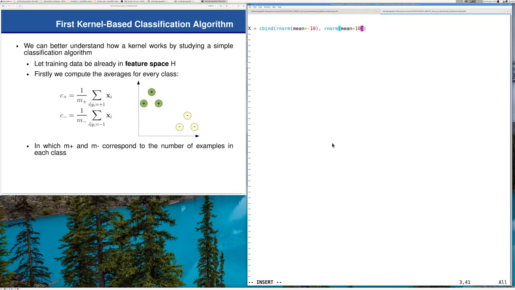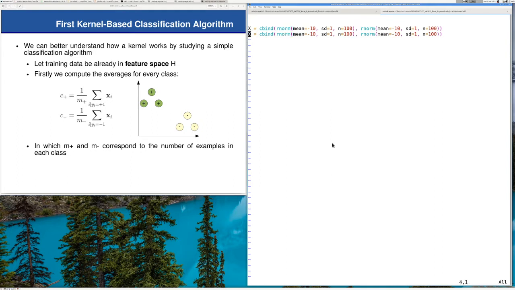Of course, I have to define the standard deviations: standard deviation equals 1 and standard deviation equals 1. And here I will define 100 examples and another 100 examples.